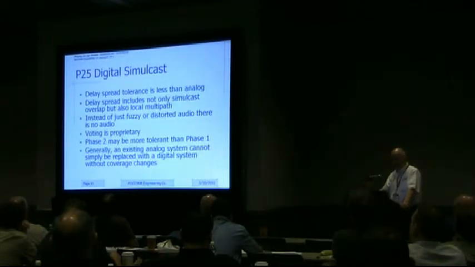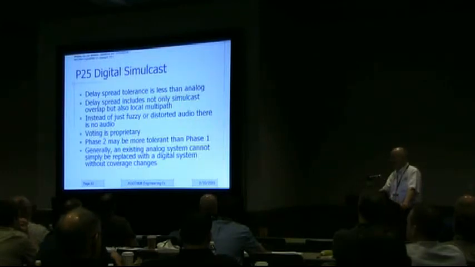Let's see, P25 digital simulcast. The delay spread tolerance is less than for analog. And you have to remember that the delay spread, which is actually your simulcast overlap tolerance, includes not only simulcast overlap, but also local multipath. So if you're in canyons, mountains, even cities that have a large amount of multipath, your overlap area will be reduced because of that.